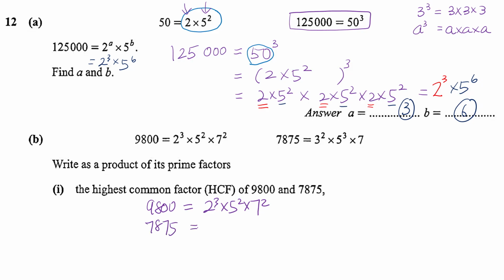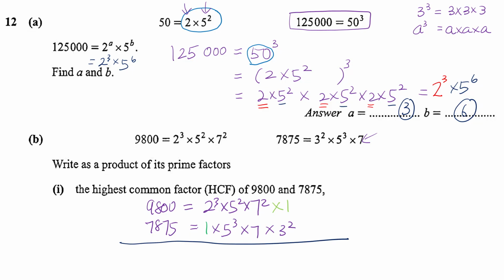I don't have a prime factor 2 here, so I'm going to replace it with 1. I have 5 to the power of 3, I have a 7, I have a 3 squared. And for 9800, I don't have a 3 squared, so I replace it with 1.